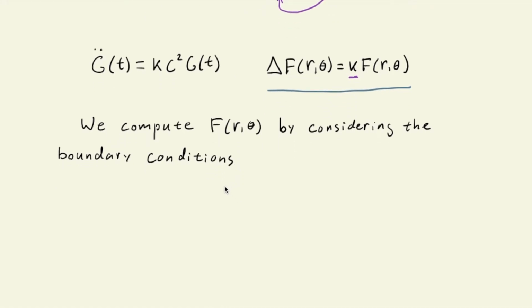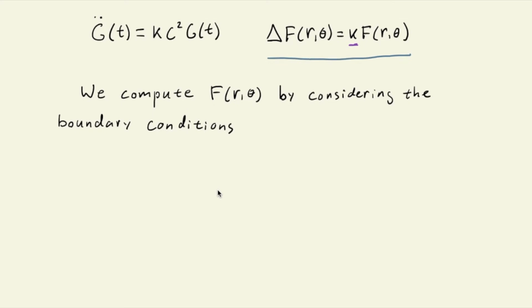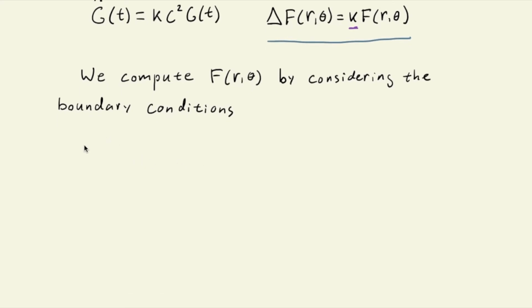Okay, so what are the boundary conditions? As in the beginning of the problem, we really only put one boundary condition, that u(t, x, y) is equal to 0 for (x, y) in the boundary of the disk.